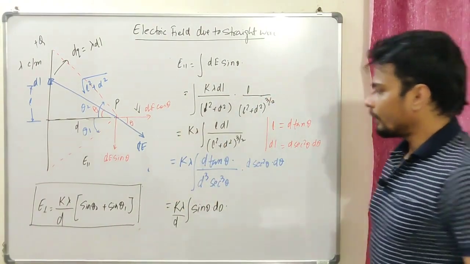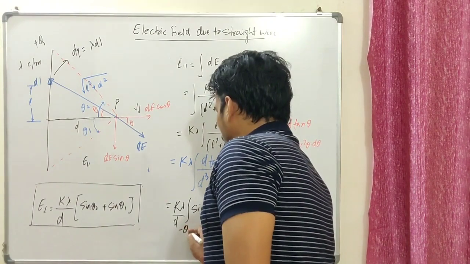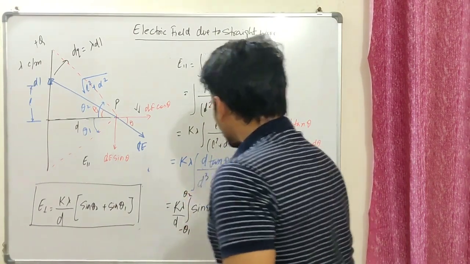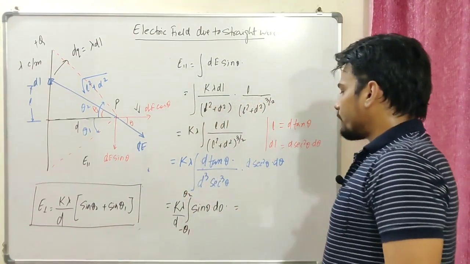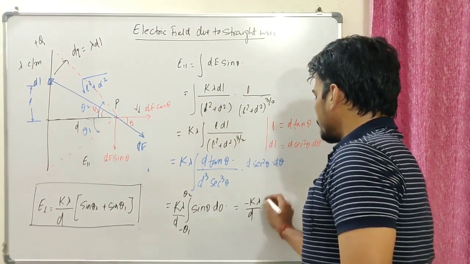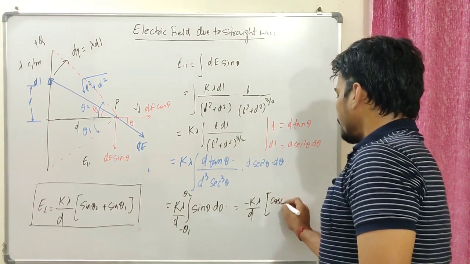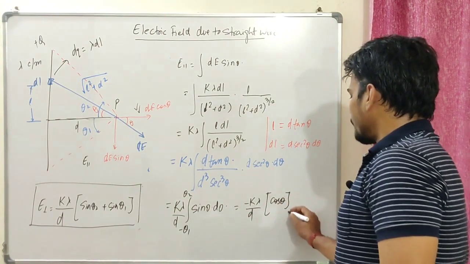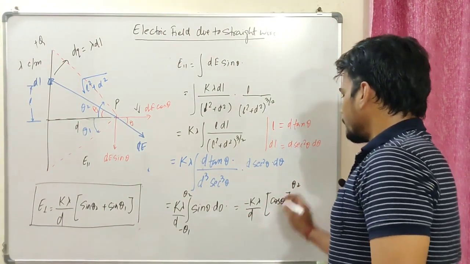Limit same thing, theta 1 to theta 2. Well, integration of sine theta is negative cos theta. I can write k lambda over d times of cos theta. I took this negative out, theta 1 to theta 2.